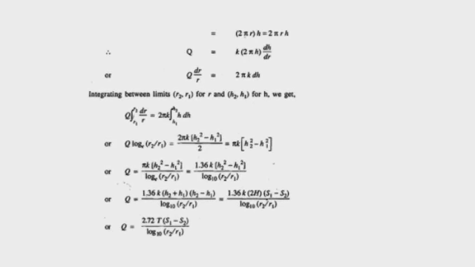From Darcy's law, Q is equal to K I A. Here Q is equal to discharge, K is equal to the coefficient of permeability of the soil, small i is equal to the hydraulic gradient, which here is dh divided by dr. A is equal to the area of cross section of the saturated part of the aquifer.